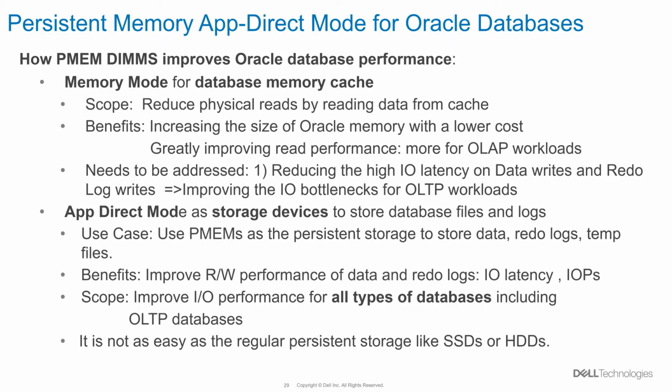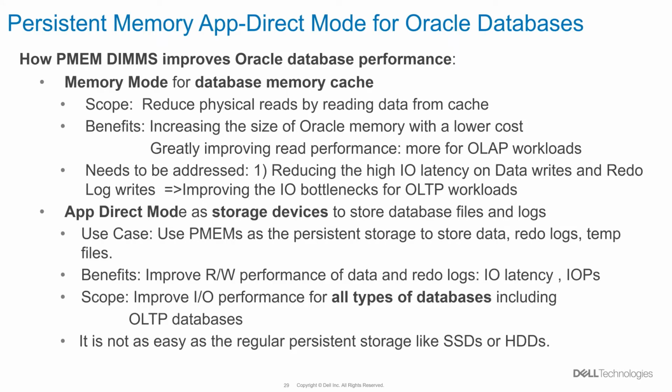Why can we do that? Because when persistent memory is configured as app-direct mode, it is non-volatile, which means when you shut down the system or have a power outage, your data still stays in the persistent memory. Not like memory mode, where data is volatile, so you lose data when you have power off.